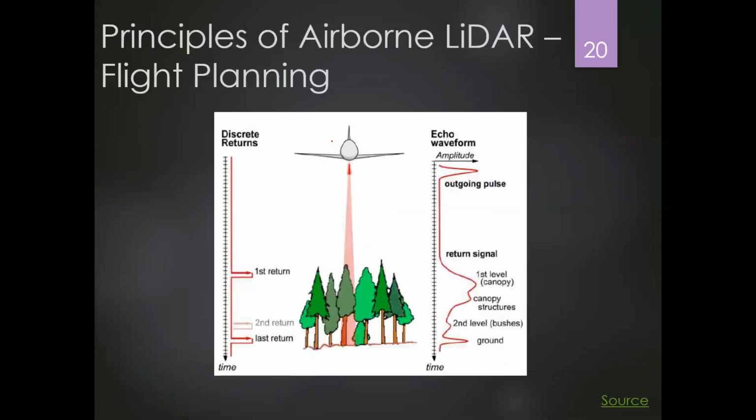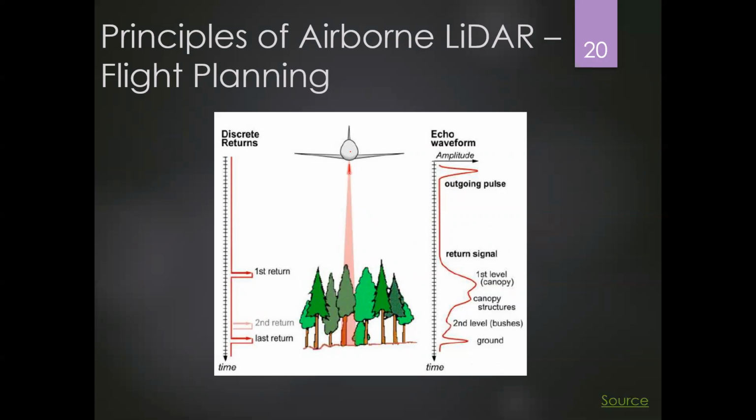Okay, and about the multiple returns, here is the explanation. So here is the sensor on the plane flying over, and here the pink area is the beam shot by the LiDAR sensor.